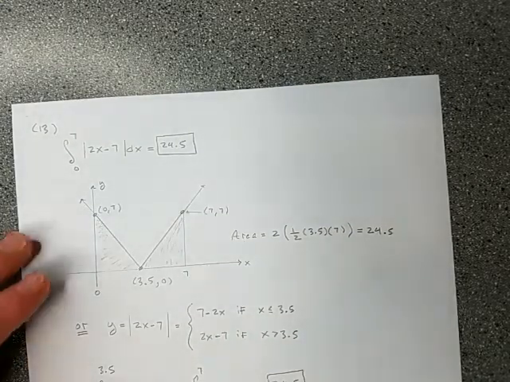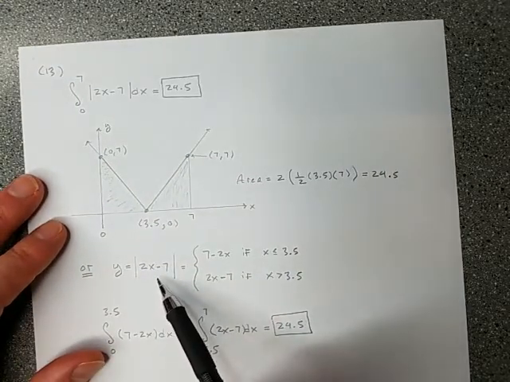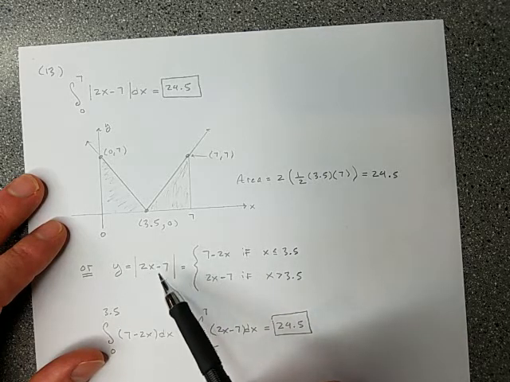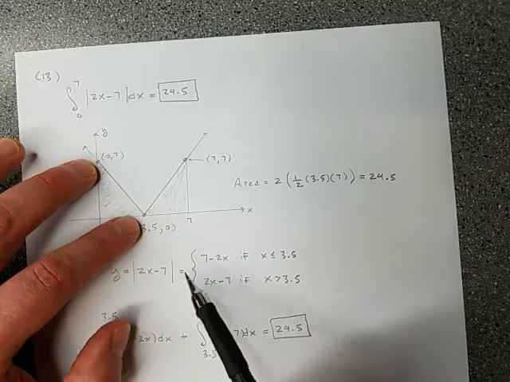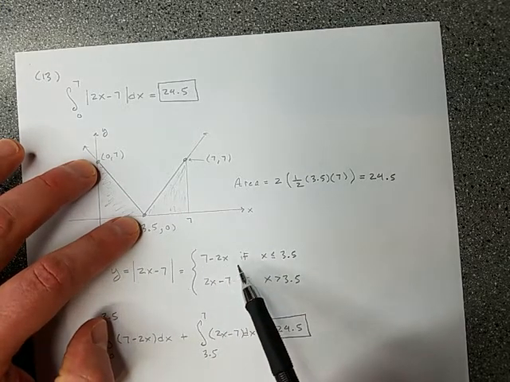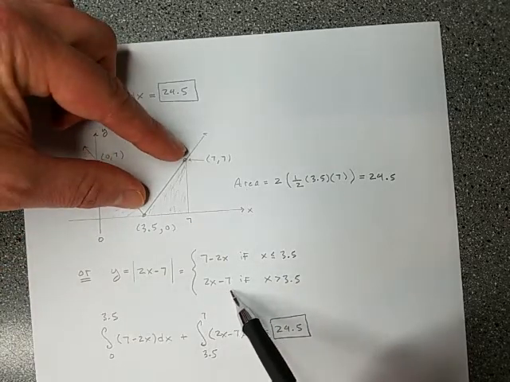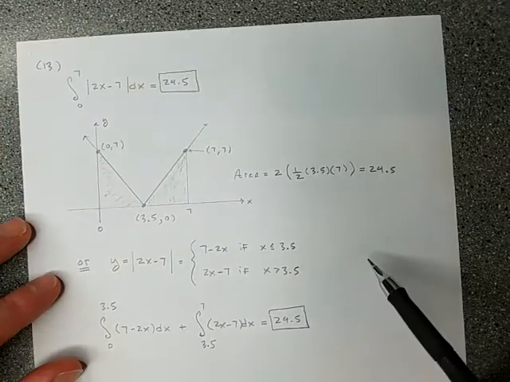Just like the other one, though, I could see this as a piecewise function, eliminating the absolute value. This line right here is 7 minus 2x if x is less than 3.5. And this line here is 2x minus 7 if x is more than 3.5.